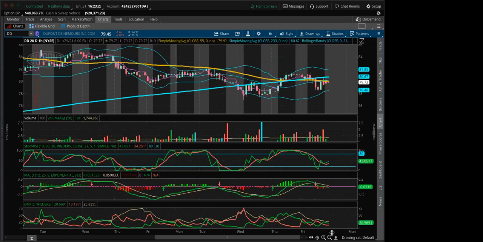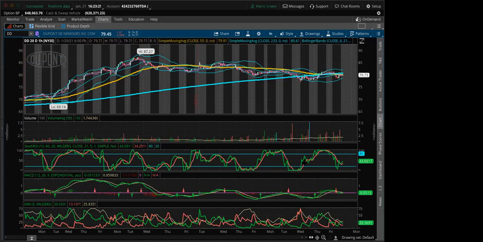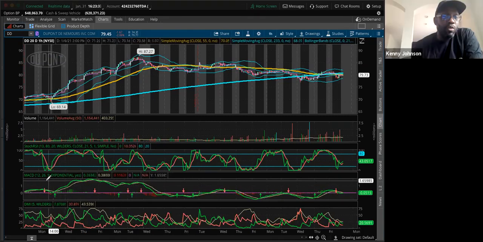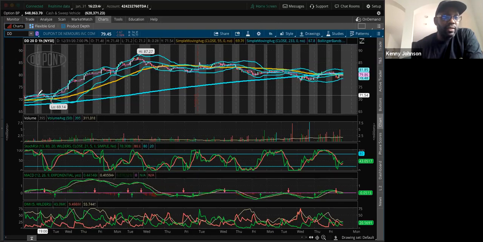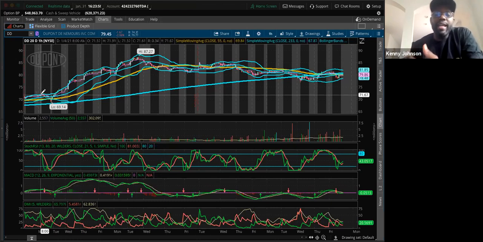Today's the 31st. If you go back a month, the price was somewhere around here. Let's go to the 4th. On the 4th, it was at $71. It went to a high at 87. It dropped back down to where it currently is now at 79.45.